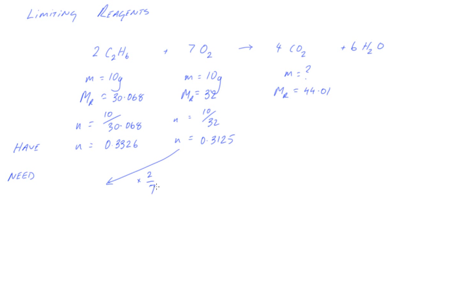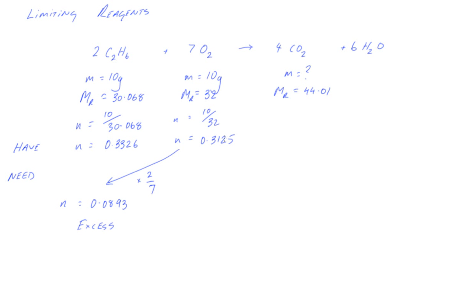It gets smaller, so when I do 2 over 7 times 0.3125, it equals 0.0893. That's how much I need. That is a lot more. So the ethane is definitely going to be in excess. When I do this reaction, I'm going to use up all my oxygen, and there's going to be ethane left over.